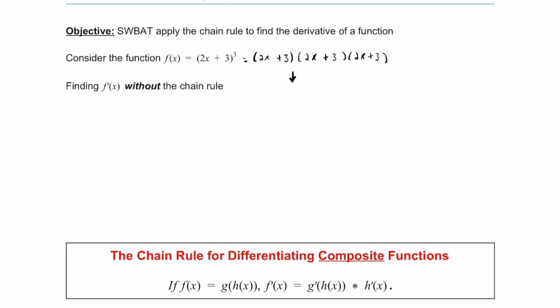So we would need to convert this to 4x squared plus 12x plus 9, and then multiply that by 2x plus 3.